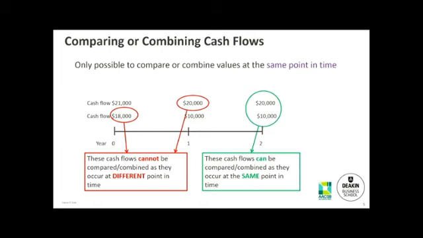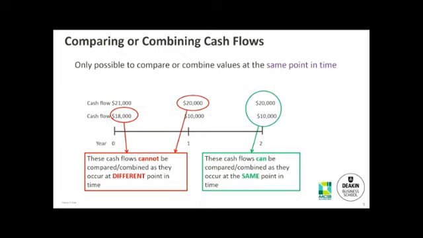But what about cash flows that happen at year 2? The $20,000 and the $10,000 in the blue box and the green box. You can sum them together, right? Because both of these two cash flows happen at year 2, the same point in time. Now you have the logic in your mind.